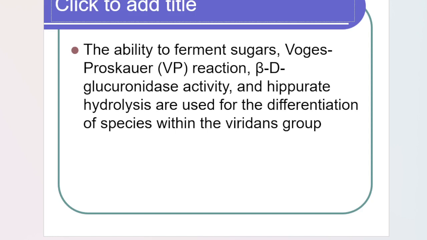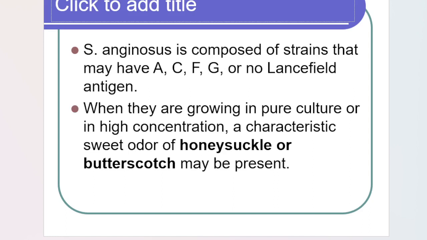Another is the ability to ferment sugar, VP reaction, the beta-D-glucuronidase activity, and hippurate hydrolysis are used for the differentiation of species within the viridans group. So, si anginosus, wala siyang Lancefield antigen. Okay?